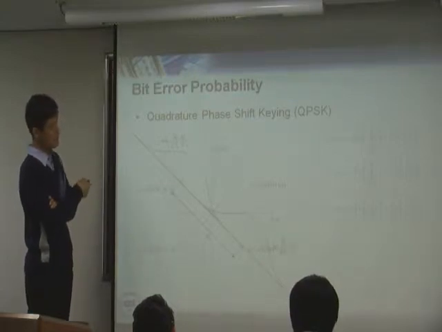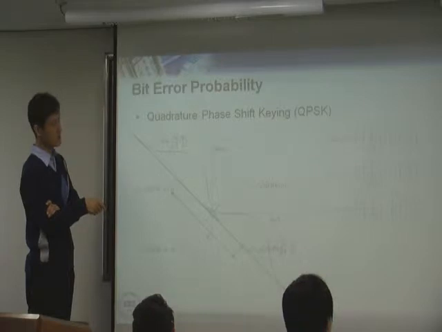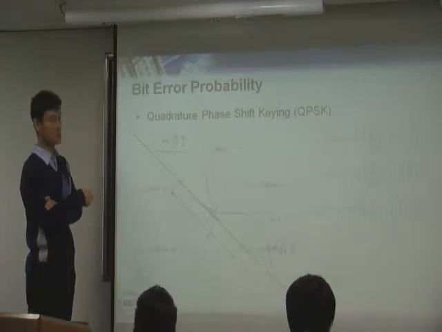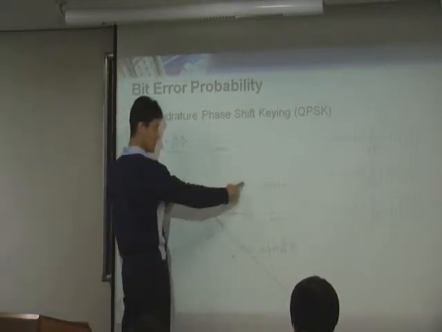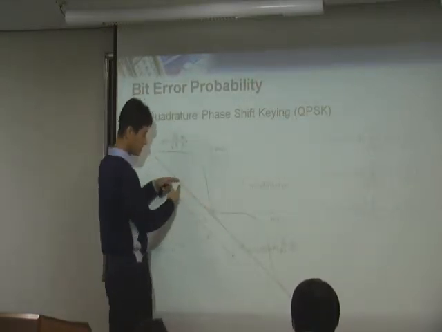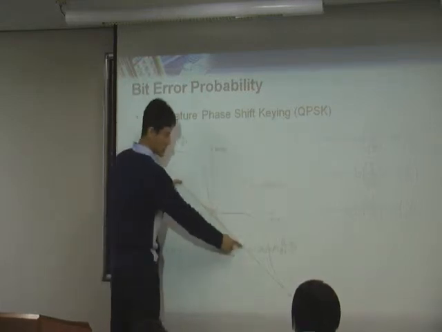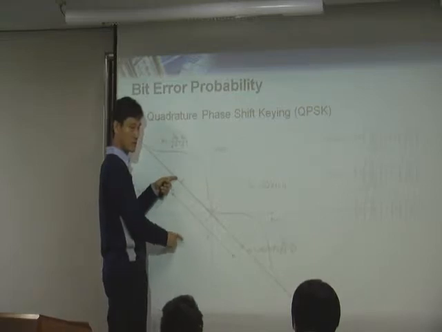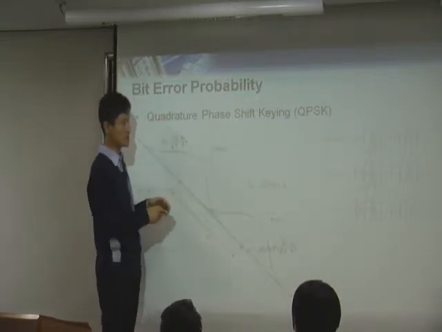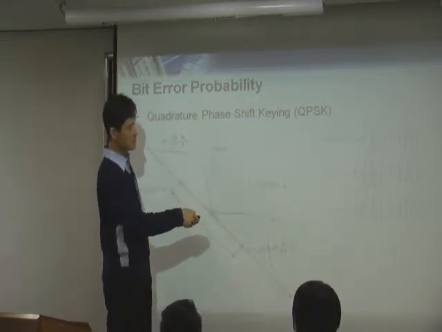But now, as I said, the error performance or bit error rate is a function of distance between 2 symbols. Now, look at the distance between these symbols, okay? And distance between this symbol and these symbols. Now we see that the distance between this one and this one are same, right? This one has the same distance. Therefore, the case 1 and case 2 have the same bit error rate.